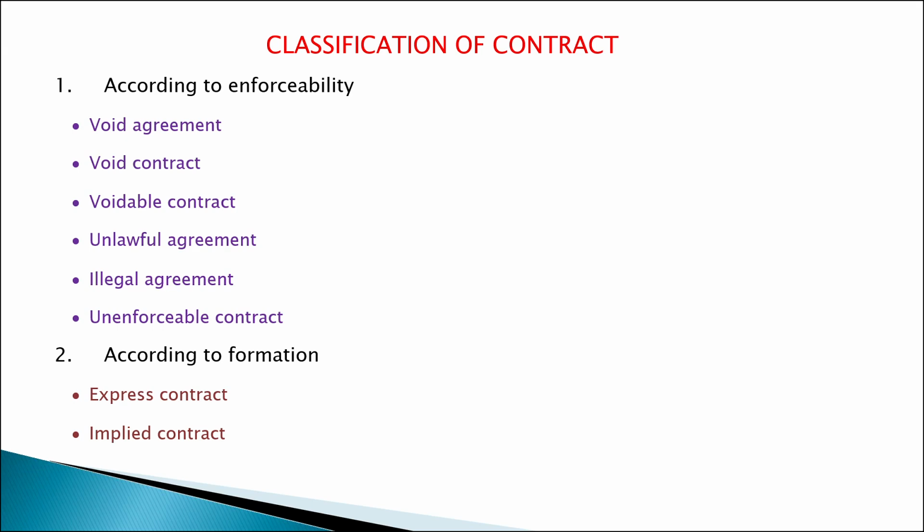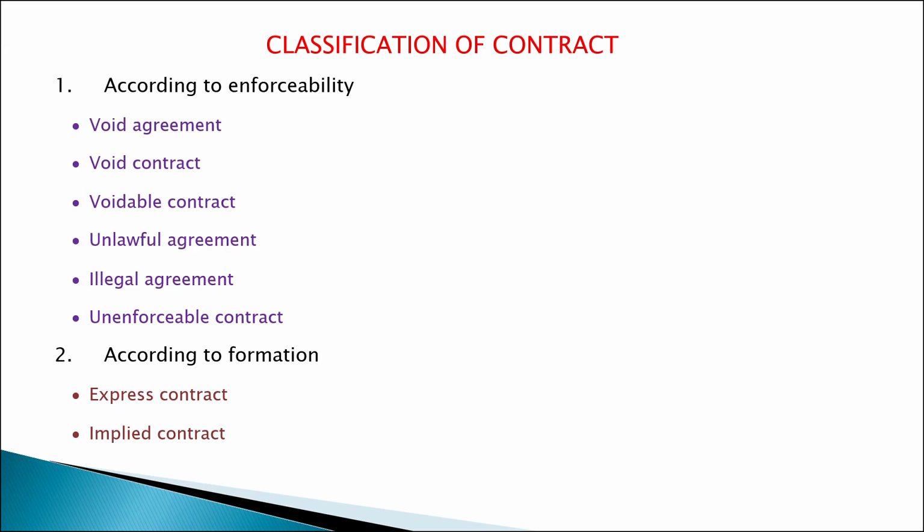For example, where the party to a written contract has not given his or her signature, that is an unenforceable contract. Another is absence of certification by a notary public or some other authority, where such certification is necessary. So these are all the best examples.